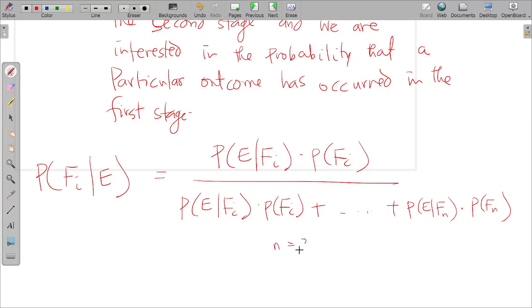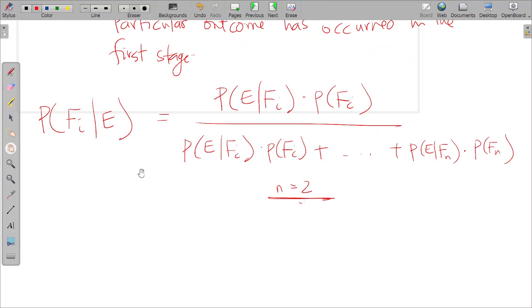In the last video we considered n to be 3 because we have component A, B, and C. So n is 3 there.